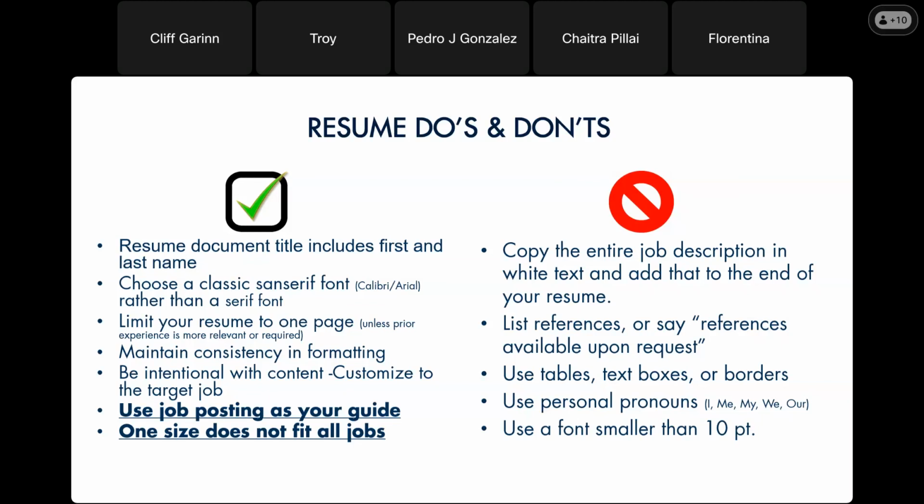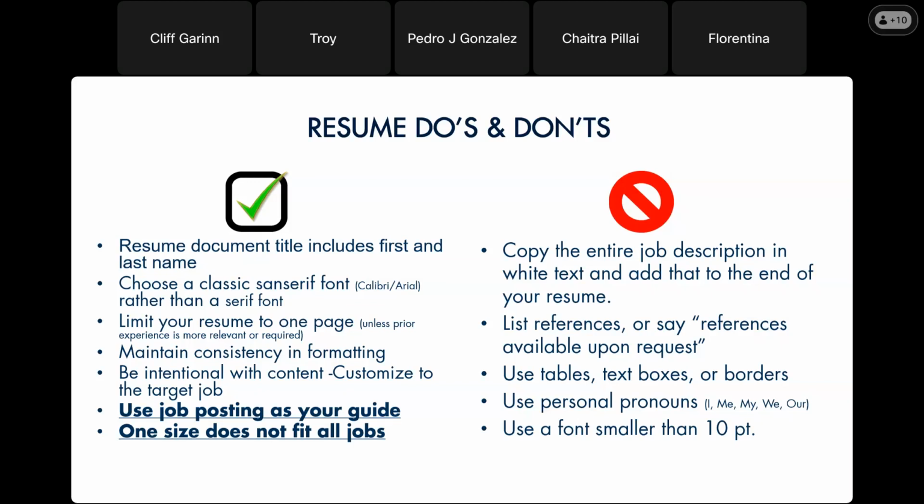Choose a classic font like Calibri, Arial, something like that. We call those sans serif fonts. You can also use Times New Roman, for example, which is a serif font with a more detailed aspect. The reason for a classic sans serif font like Calibri or Arial is that it's a little easier on the eye.